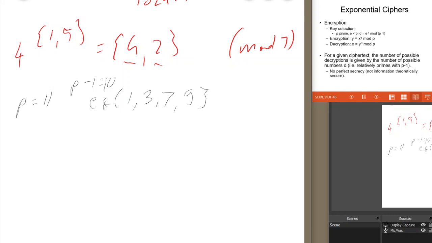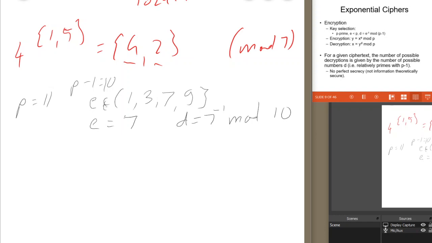Let's take e equals 7 in this case, and then d has to be selected as the inverse of 7 mod 10.